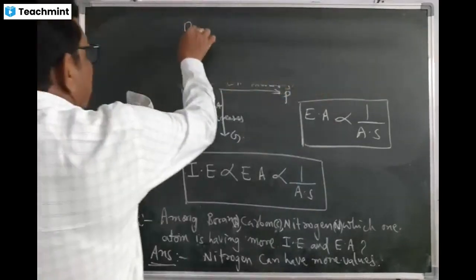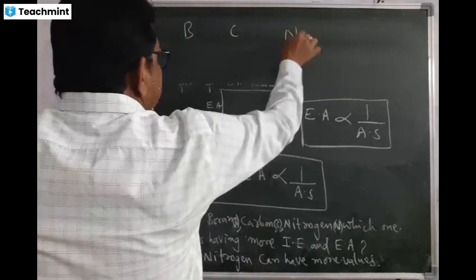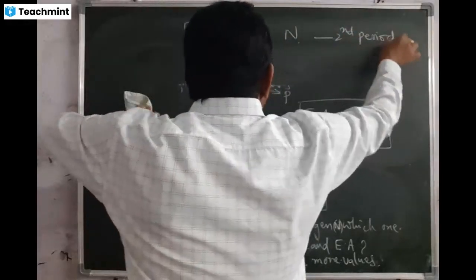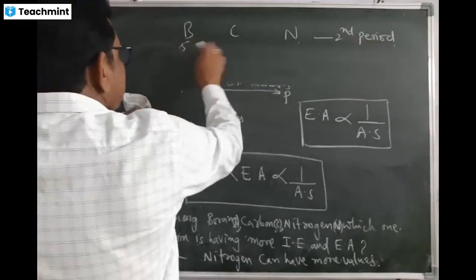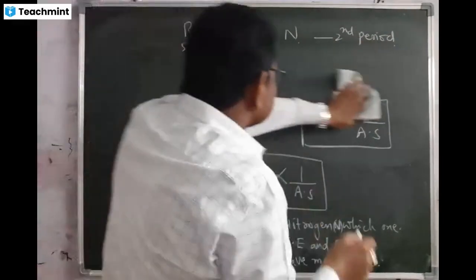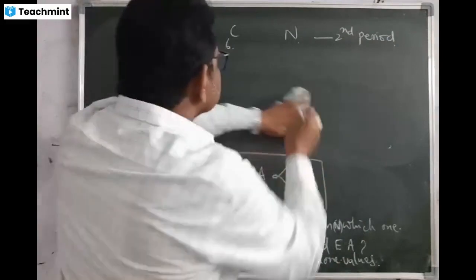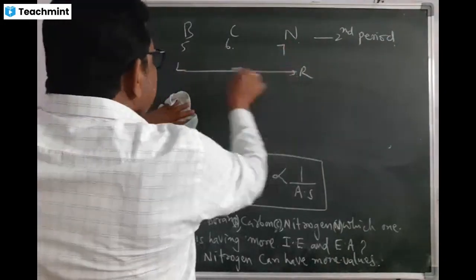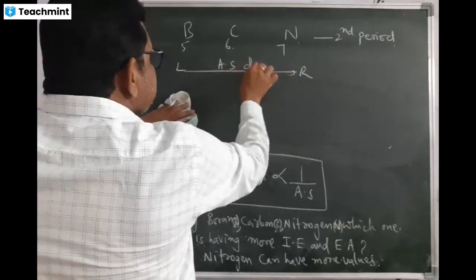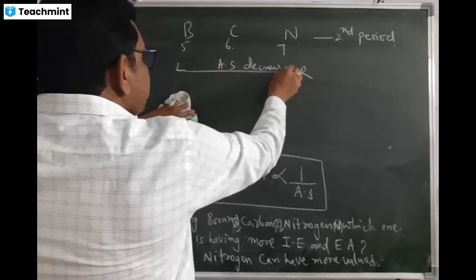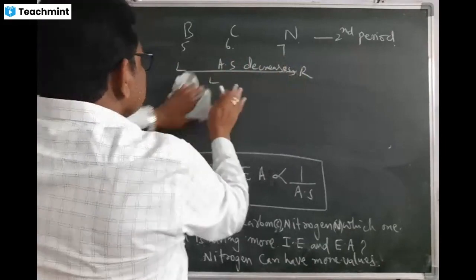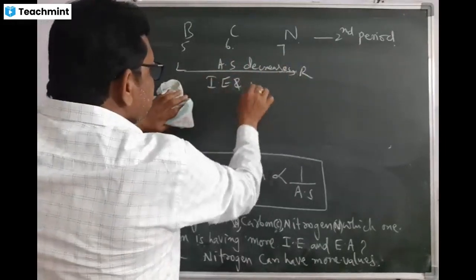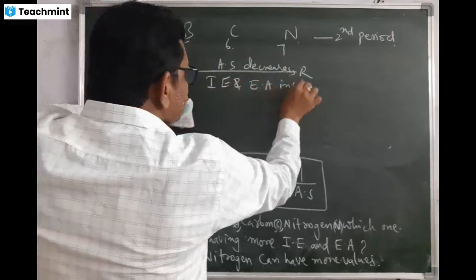See, boron, carbon, nitrogen belong to the second period. You try to understand. Boron has atomic number 5, carbon 6, nitrogen 7. So when we move from left to right, atomic size decreases. Whenever the atomic size decreases, ionization energy and electron affinity both increase.